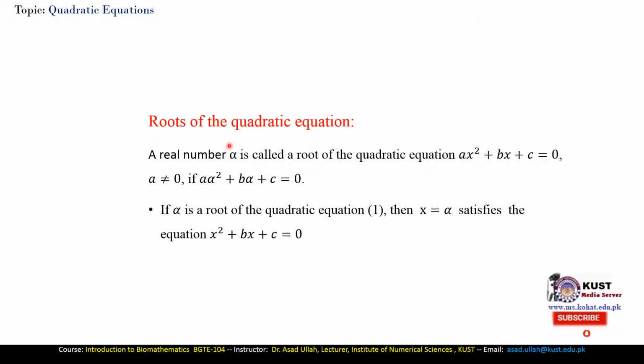If we use this alpha in place of the variable x and this equation is satisfied identically, then we say that alpha is the root of this equation. Here, if alpha is the root of the quadratic equation 1, then x is equal to alpha satisfies the equation ax square plus bx plus c is equal to 0.